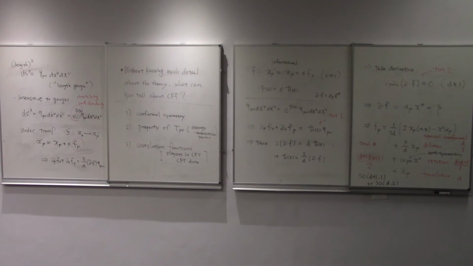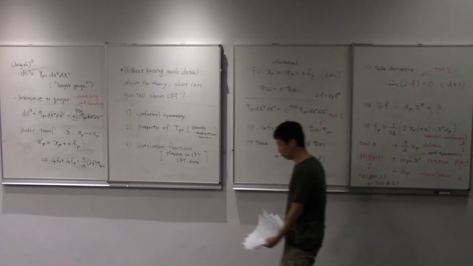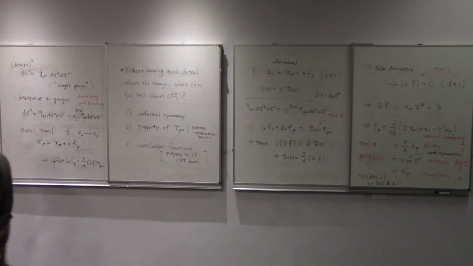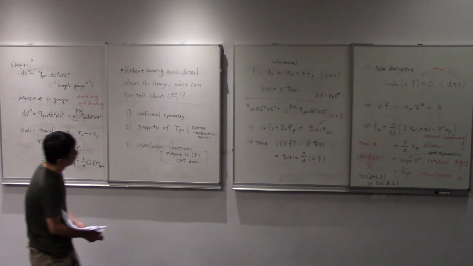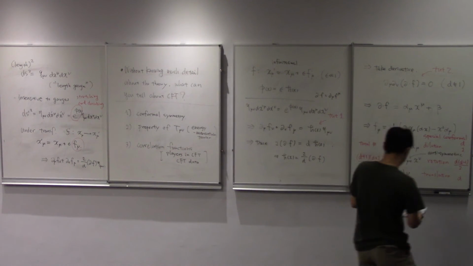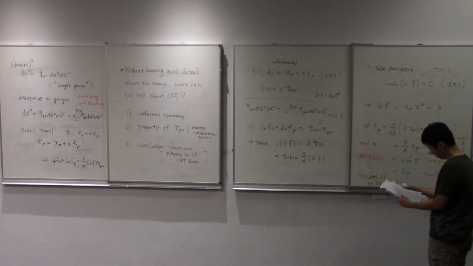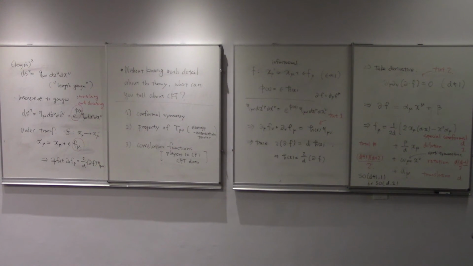So this is a rotation matrix of D plus 2 dimensions. Yes, so that's why.